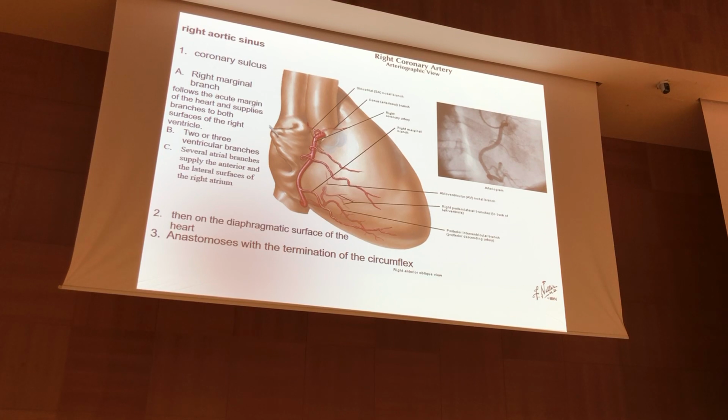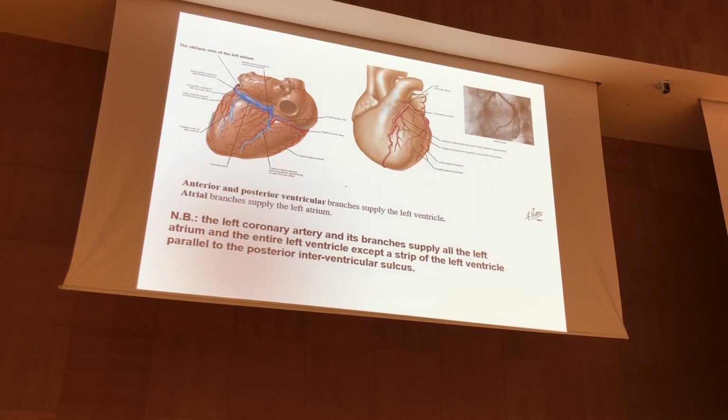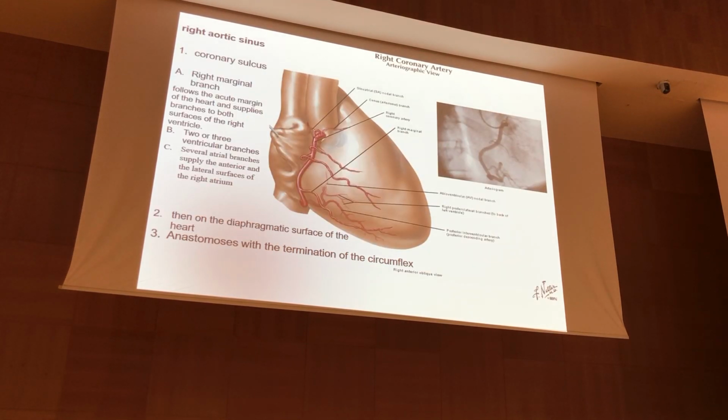It's called the posterior interventricular artery, or posterior descending artery, or PIA, posterior interventricular artery, PIA. And it's going to supply the posterior 1/3 of the interventricular septum. Now, the anterior 2/3 is supplied by LAD, while the posterior 1/3 of the interventricular septum is supplied by PIA. Okay?